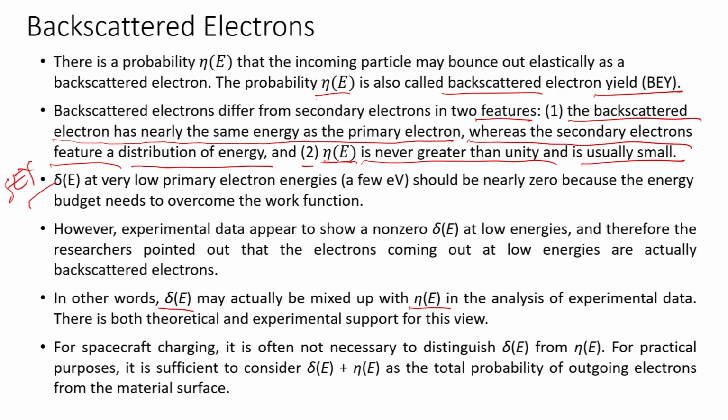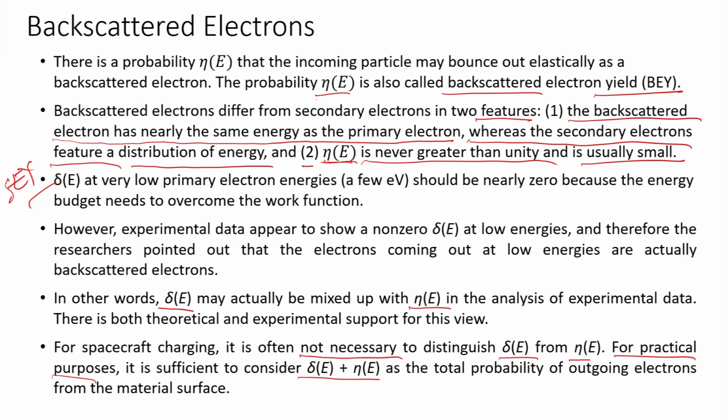For spacecraft charging, it is often not necessary to distinguish between these two terms, and for most practical purposes it is sufficient to consider the sum delta E plus eta E as the total probability of outgoing electrons for the metal surface.